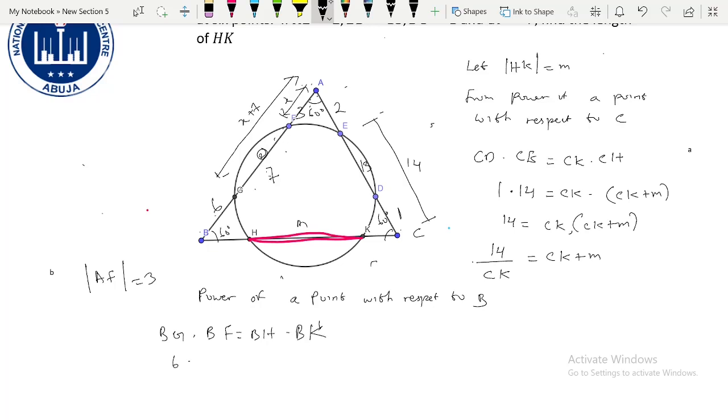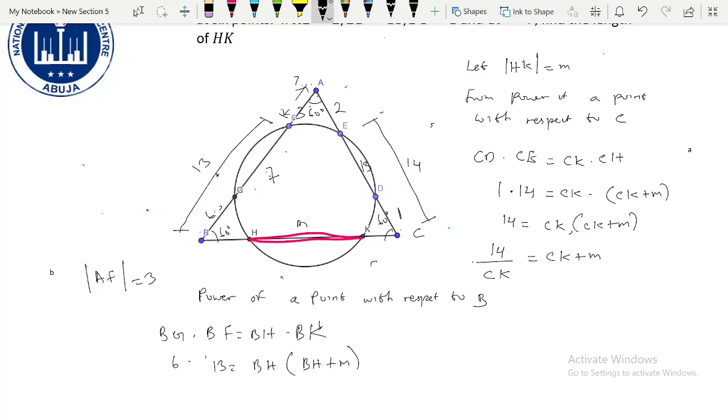BG is 6, BF is 6 plus 7, so BF is 13. So this is 6 times 13, because BH into BK is BH plus M, right?